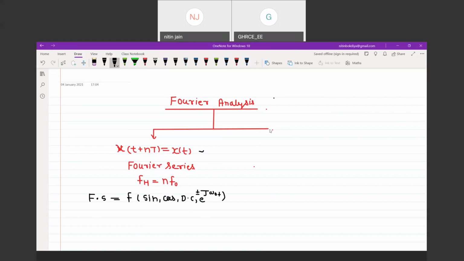And one more analysis, Fourier analysis, is for generalized information. It gives you information about the Fourier transform. It transforms your signal into some other domain.